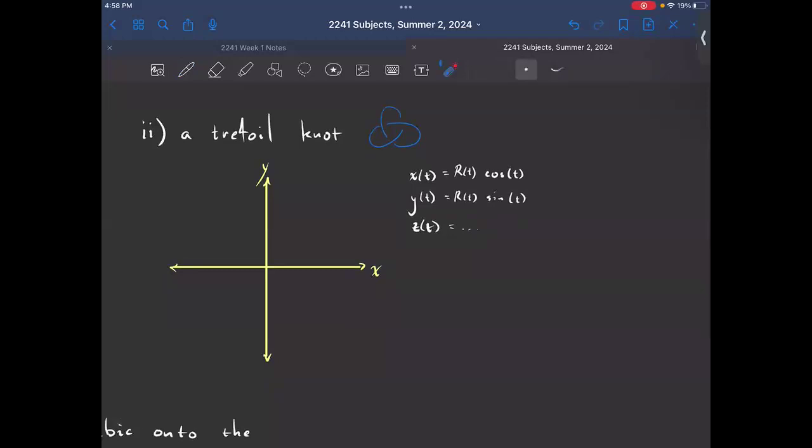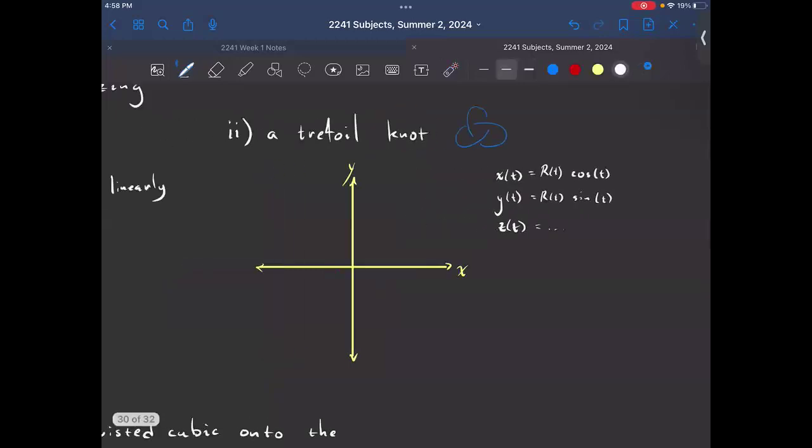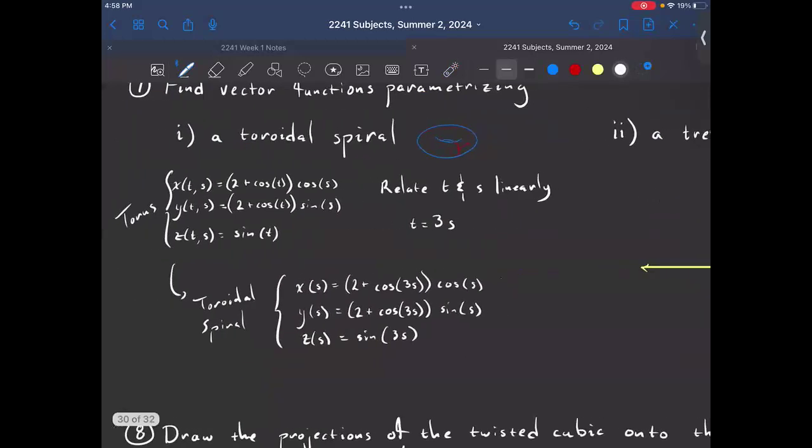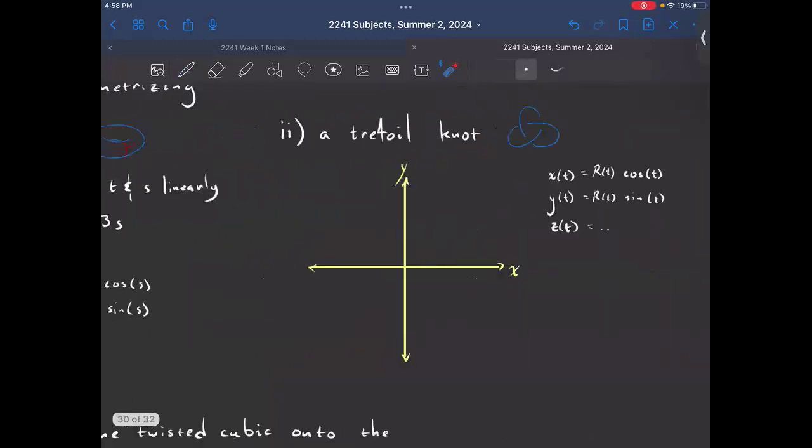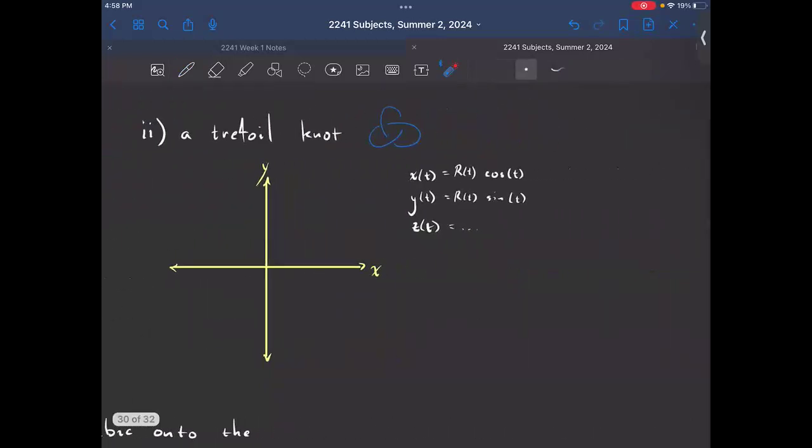I want it to not go in too far, and I want it to also have a maximum. So let's make it similar to the toroidal radius over here. So the radius of the toroidal spiral, we had this constant plus a cosine term. That should work just fine. And then we can do 2 plus, just like before.